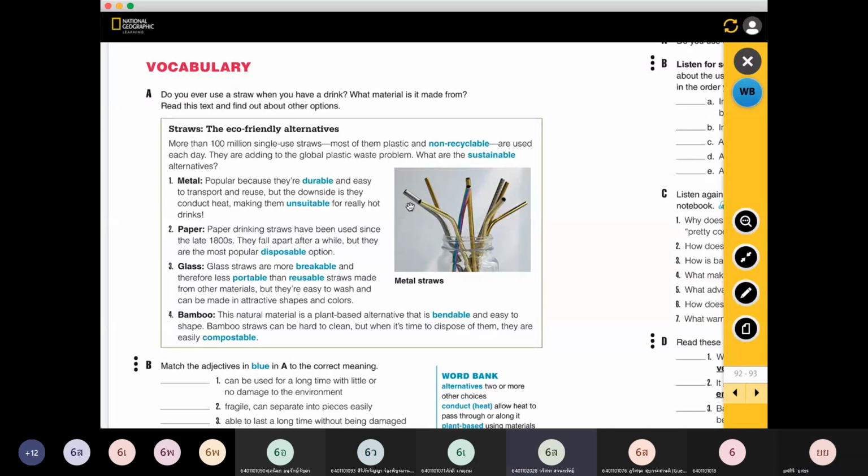Okay, it's difficult to use, right? It's not similar to using a paper cup, something like that? Yeah, I guess. Okay. So it's not really durable, right?